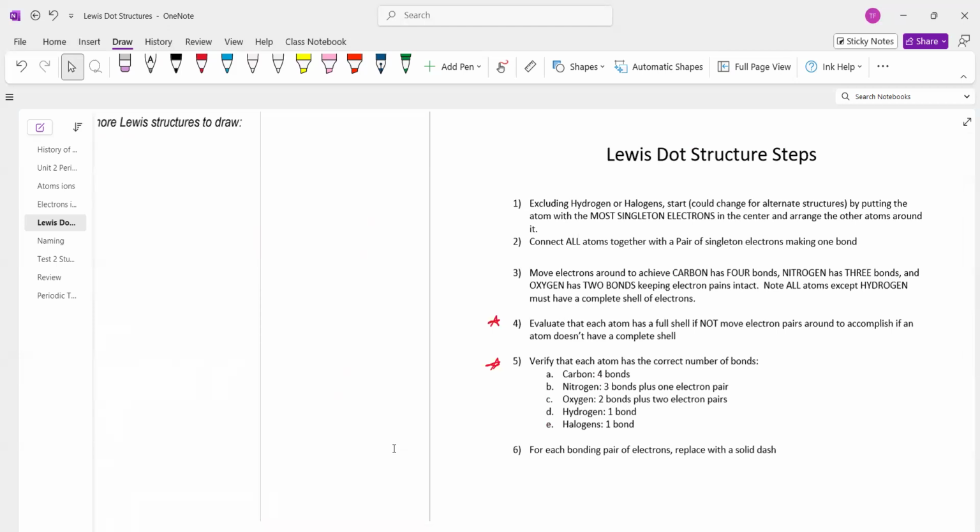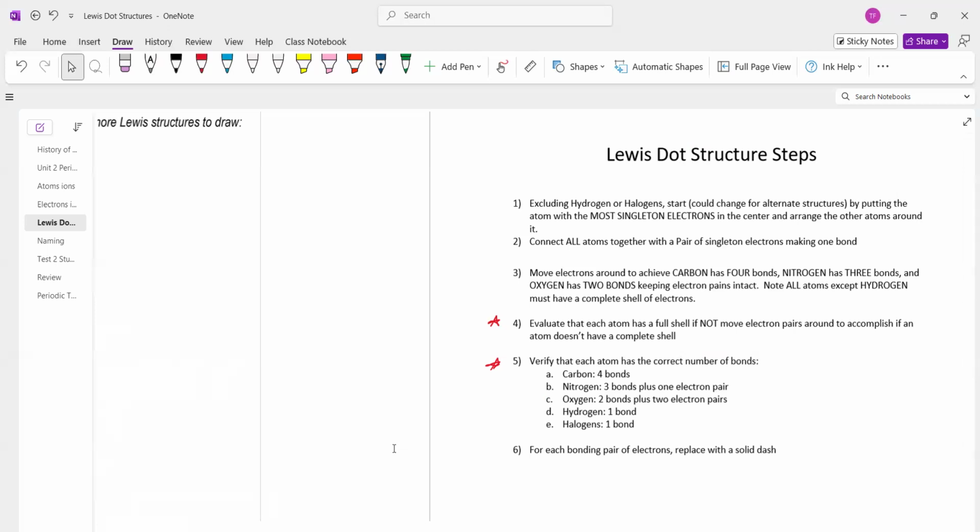Step number 1: map your carbon bonds where the singletons are paired up. Also evaluate each atom so that it has 8 electrons, called the octet. That octet is a combination of shared electrons all together on the next atom over.